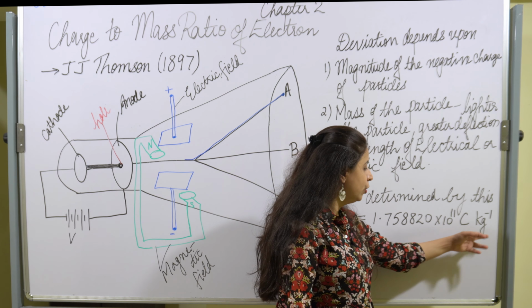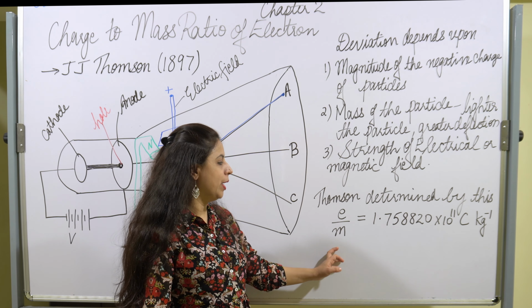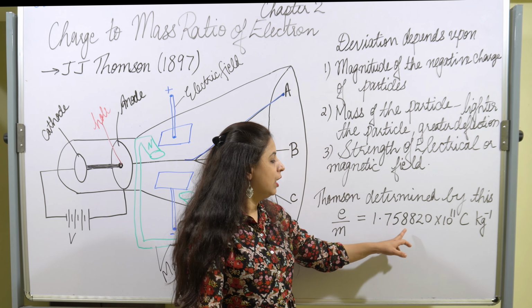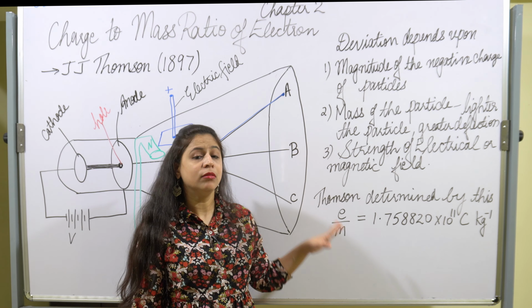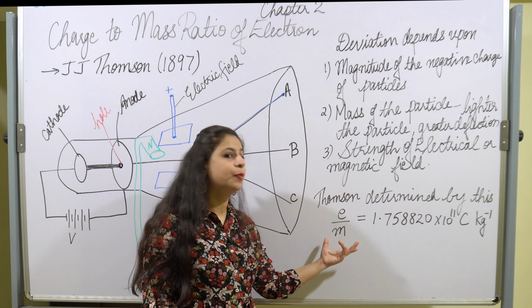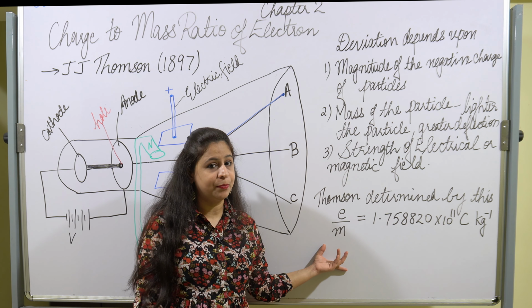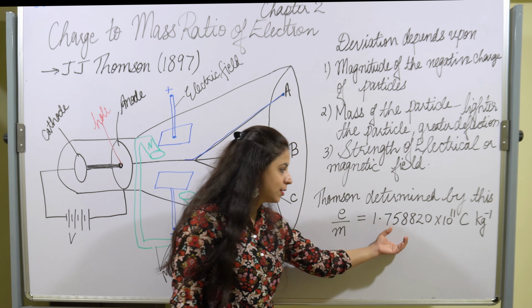So the unit over here becomes coulomb per kg. This ratio is termed as the charge to mass ratio, and this is accepted all over the world.